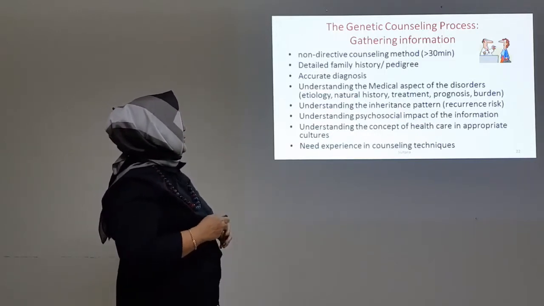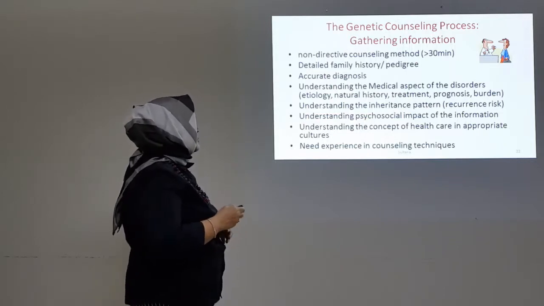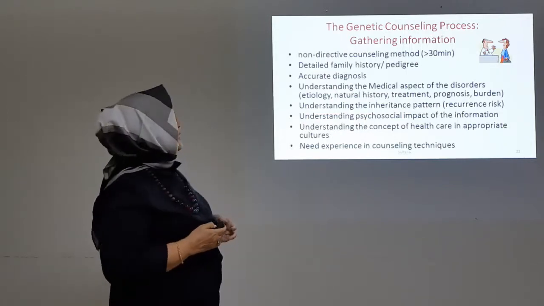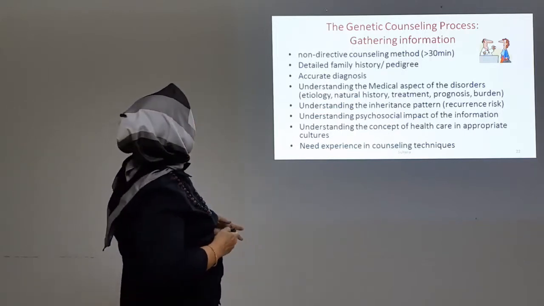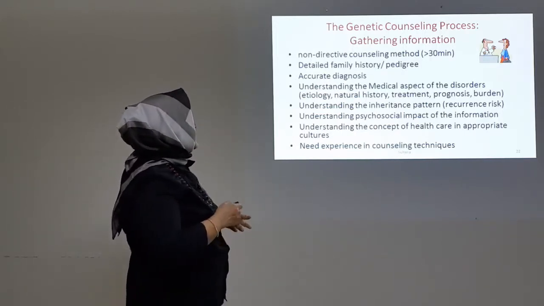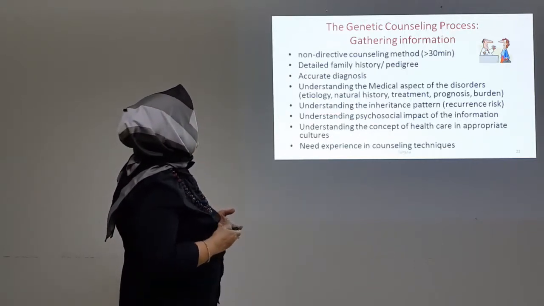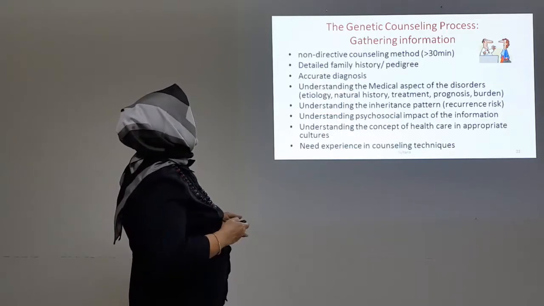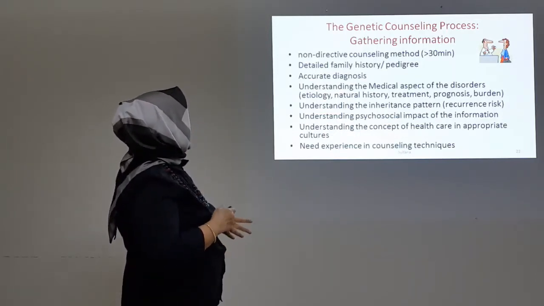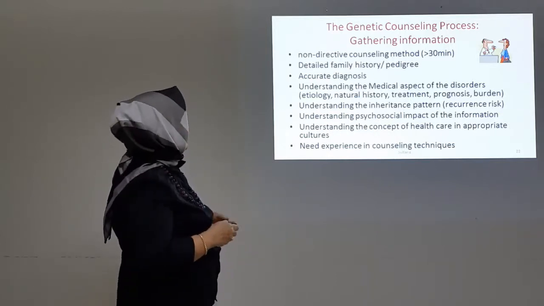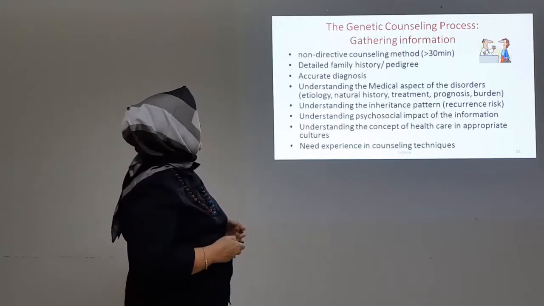The first thing is you have to draw the pedigree. So you have to ask about the family history from the family, and after that we try to establish the diagnosis, and also understand the medical aspect of the disorder, like the possible etiology, the natural history, the treatment, the prognosis, and also the burden of the disease.